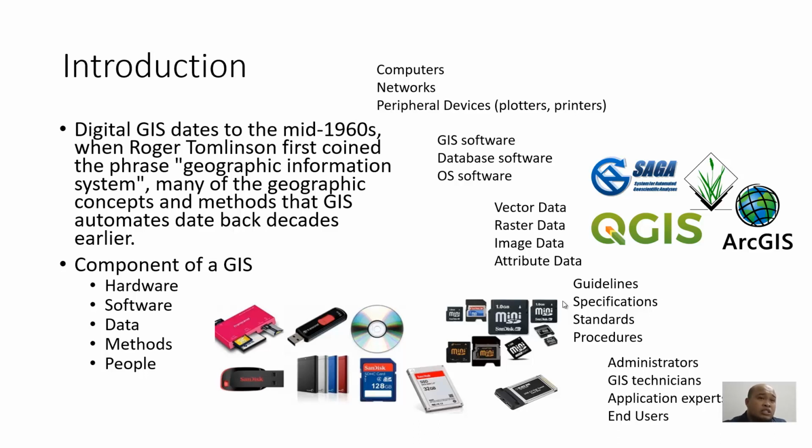Last but not least, the database software. Database software is very important too. It has many types, of course. But the most typical database software has been integrated into the ArcGIS software itself, right?